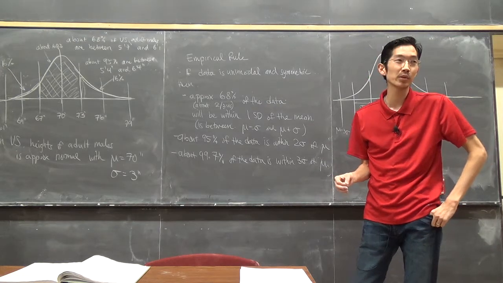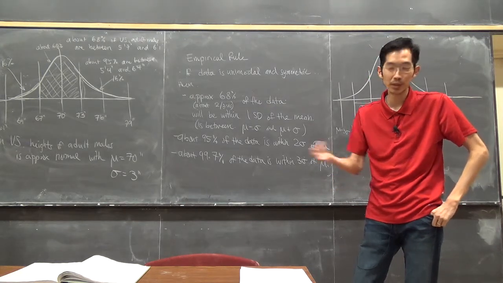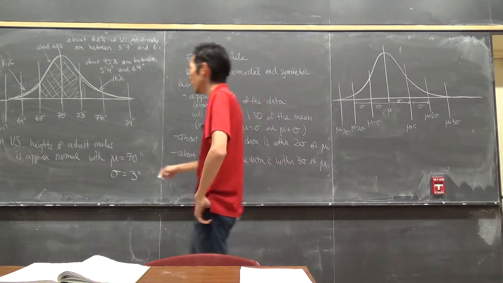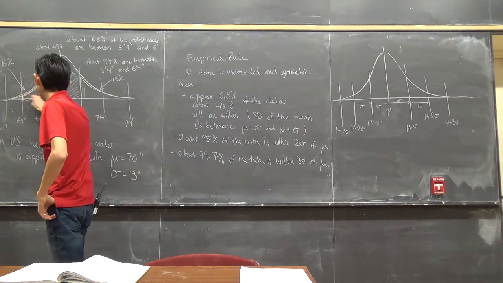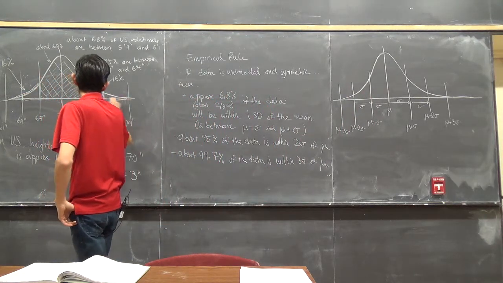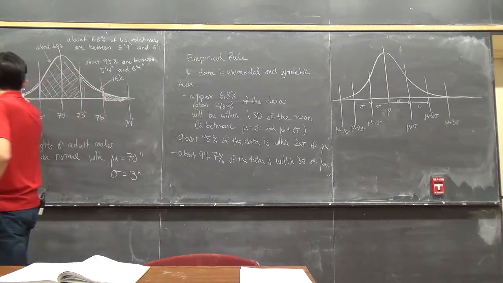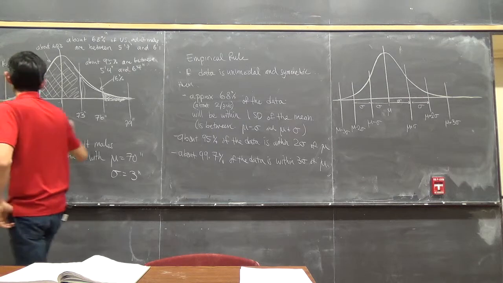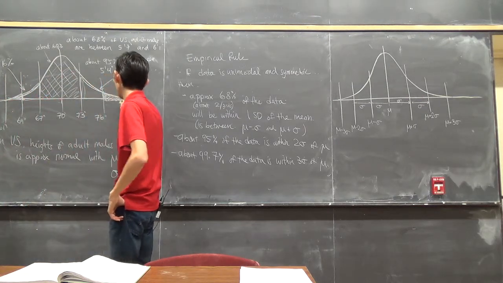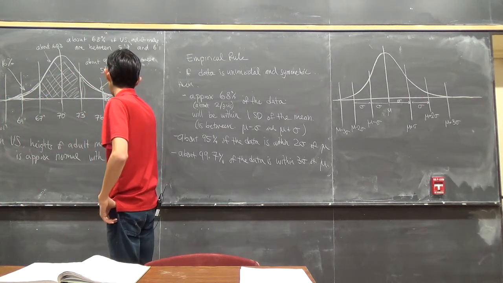And we would say approximately what? About 2.5%, right? Because we said 95% is between here and here, so that leaves a total of 5% in this wedge and this wedge combined. So if we're only looking at one of these wedges, we would have about 2.5%.